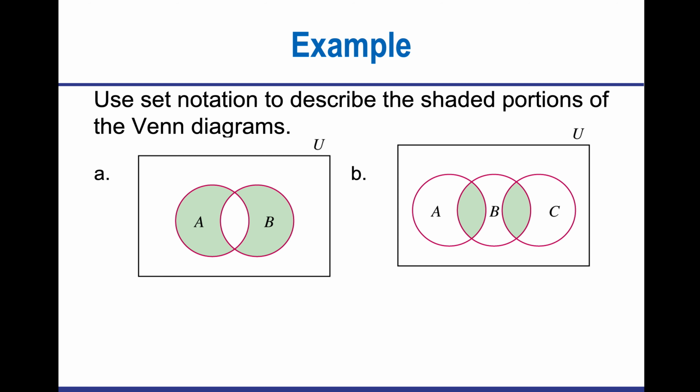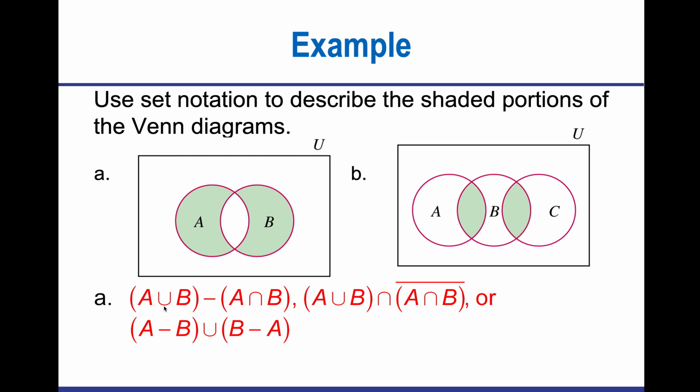So in set notation, if I'm trying to describe the shaded portions, I would say that this is the grouping of A and B, and I'm taking away where A intersects B. So I'm taking A and B together, all shaded in, and I'm subtracting out where A intersects with B. And then in the second one, I'm taking A, B, and C, but I'm taking out those A, B, and C where they're not intersecting.